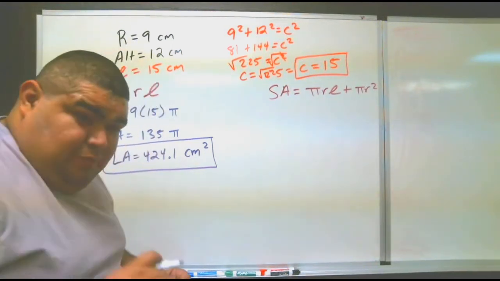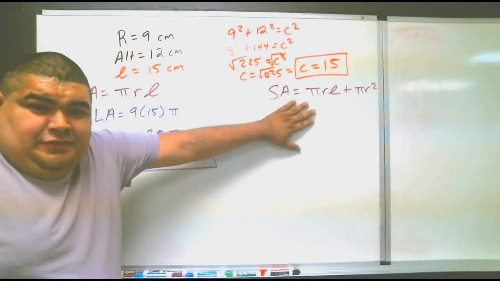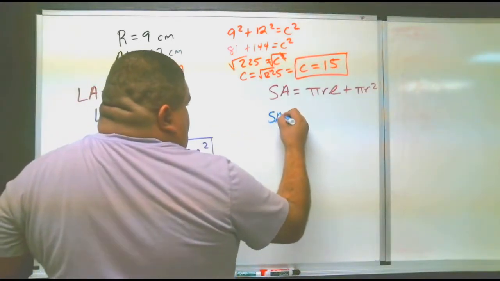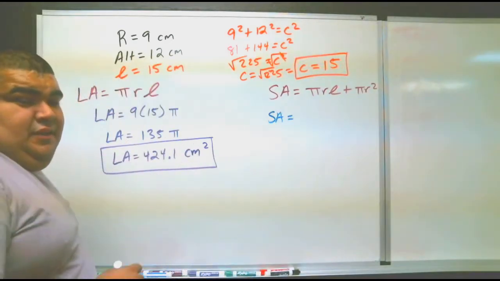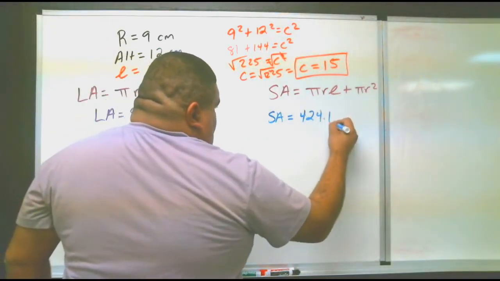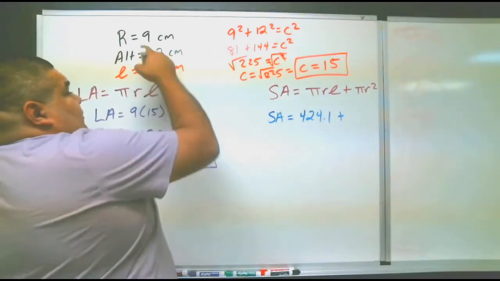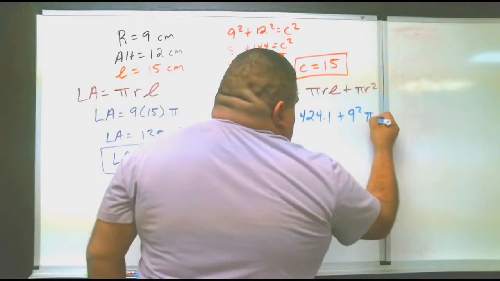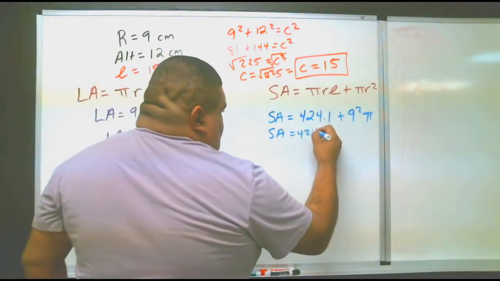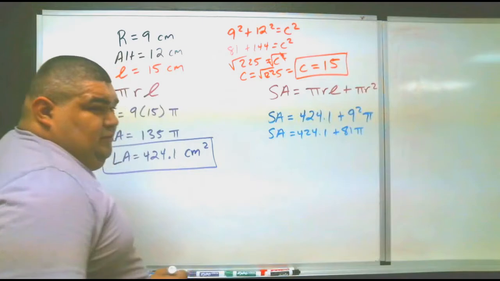All right, now that we have the first part done, we already have part of surface area done. Which means that surface area equals the answer we got for lateral area, which is 424.1, plus radius squared, which was 9 squared, times pi. So surface area equals 424.1 plus 81 pi, because 9 times 9 is 81.